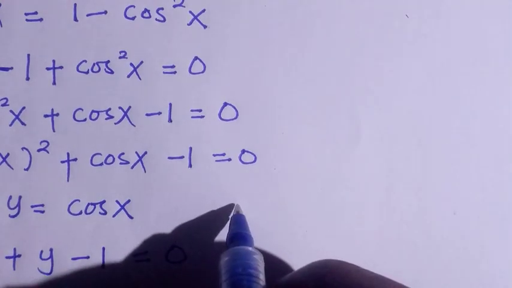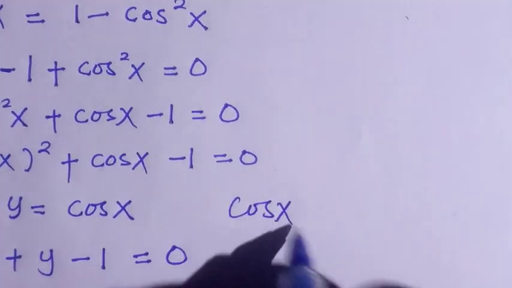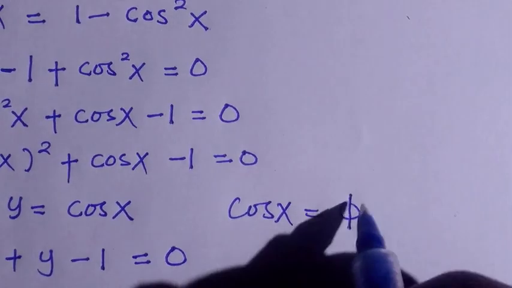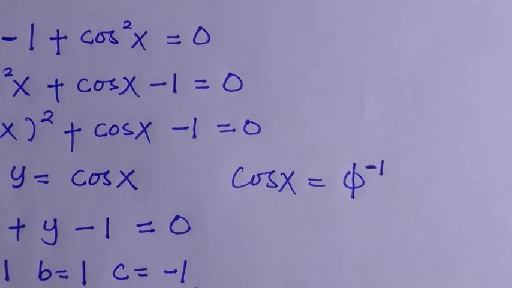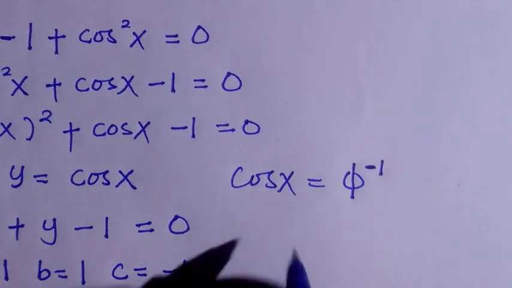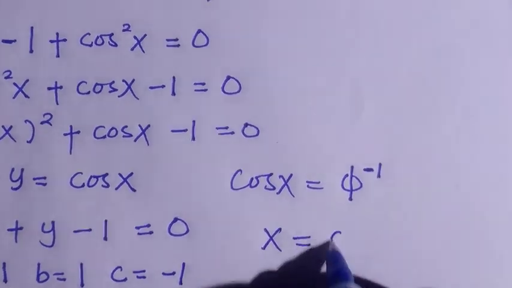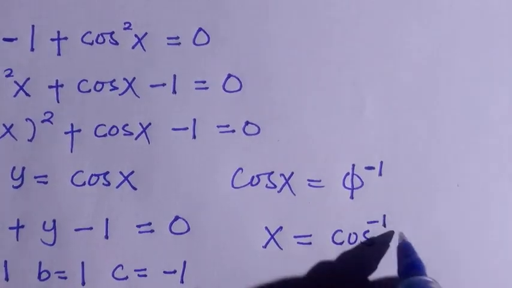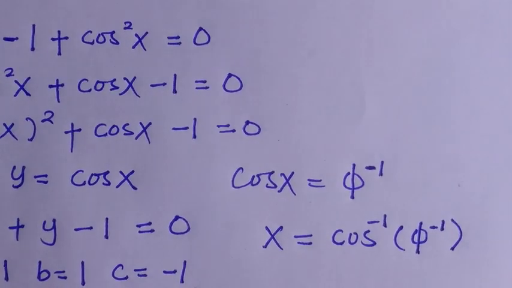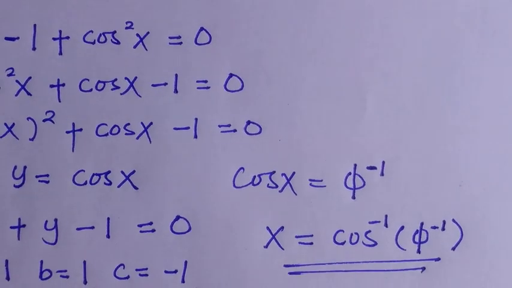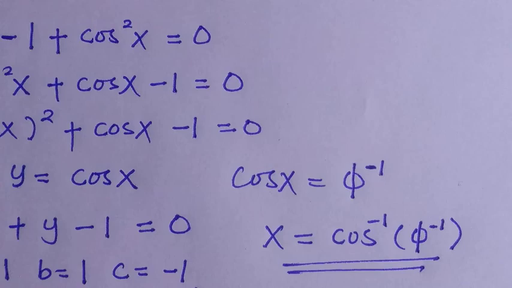Here we have cos x equals 5 to the power of minus 1. And to get the value of x, we take the cos inverse of both sides. So here we have x equals cos inverse of 5 to the power of minus 1, which gives the first real solution when we press the calculator.